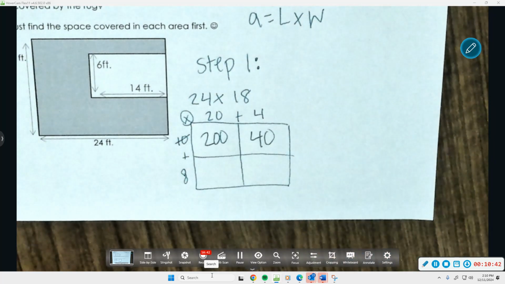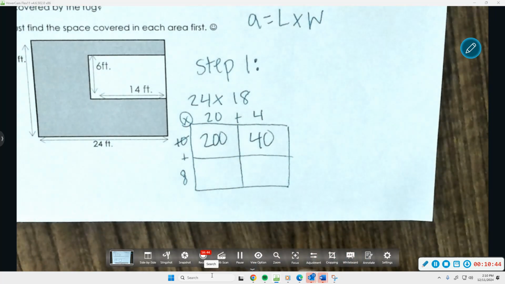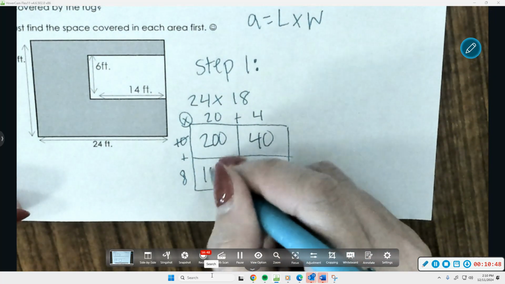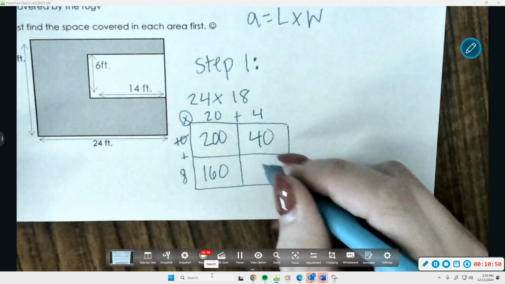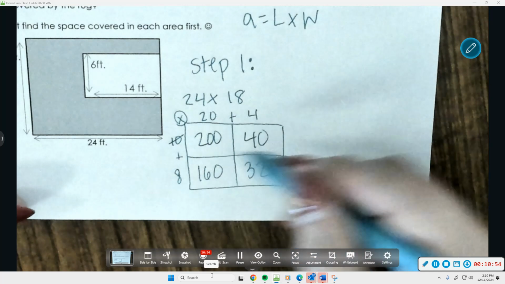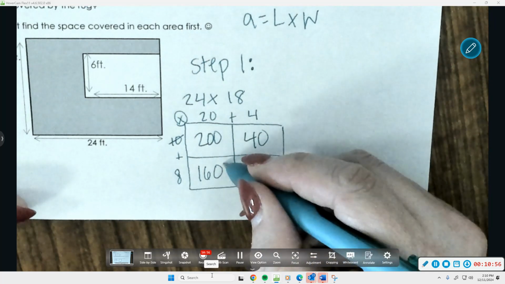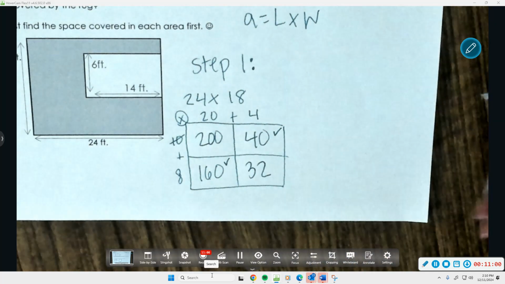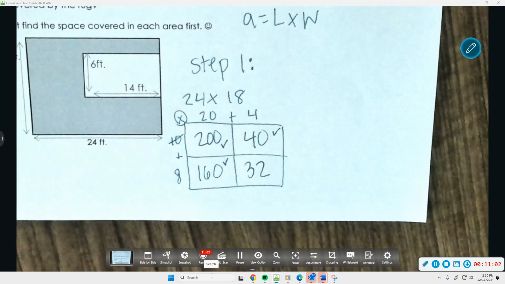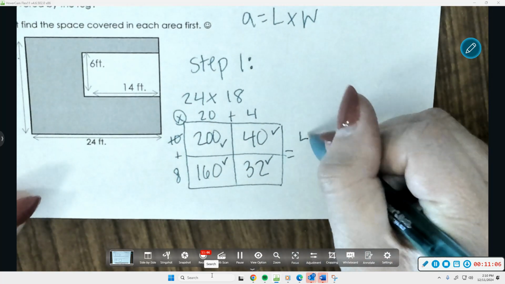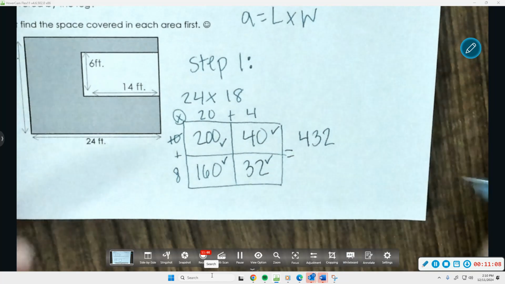I'm done with the 10. What's 8 times 20? 160. And 8 times 4? 32. I like this because I feel like I can do this in my head. What's 160 plus 40? 200. What's 200 plus 200? 400. And what's 400 plus 32? 432. Done.